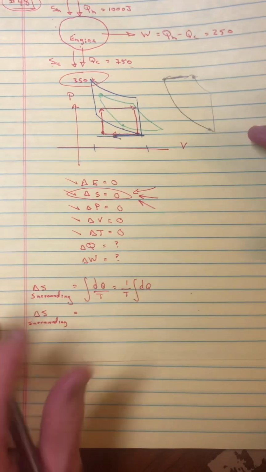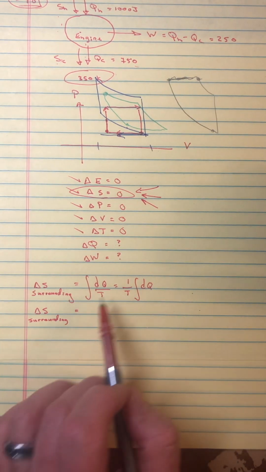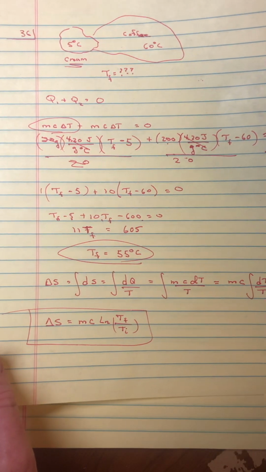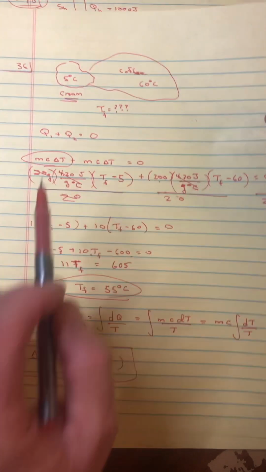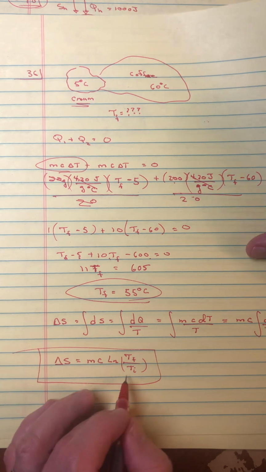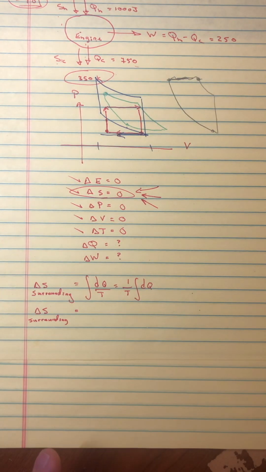And so my surrounding calculations, I will be doing something like this, just to comment on what we did in the last example. Here it is, number 36. We had the coffee and the cream, and we said the temperature does change, and so we got this formula for the change of entropy after we did the integral.